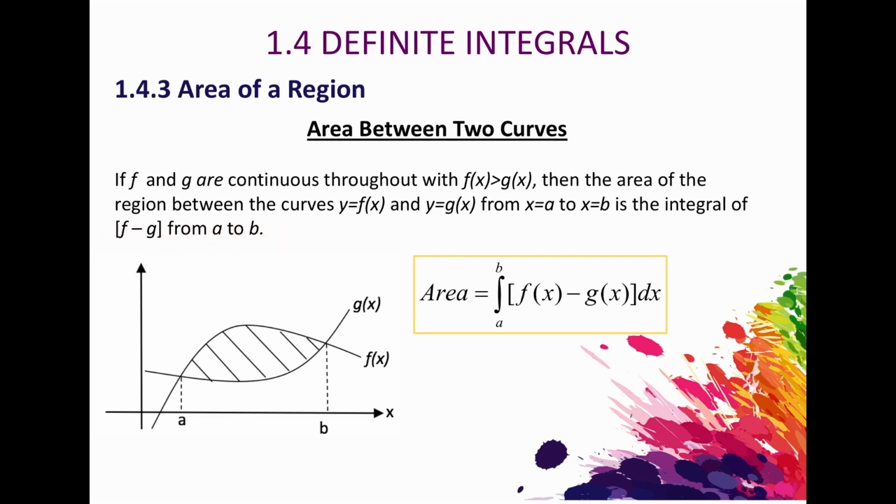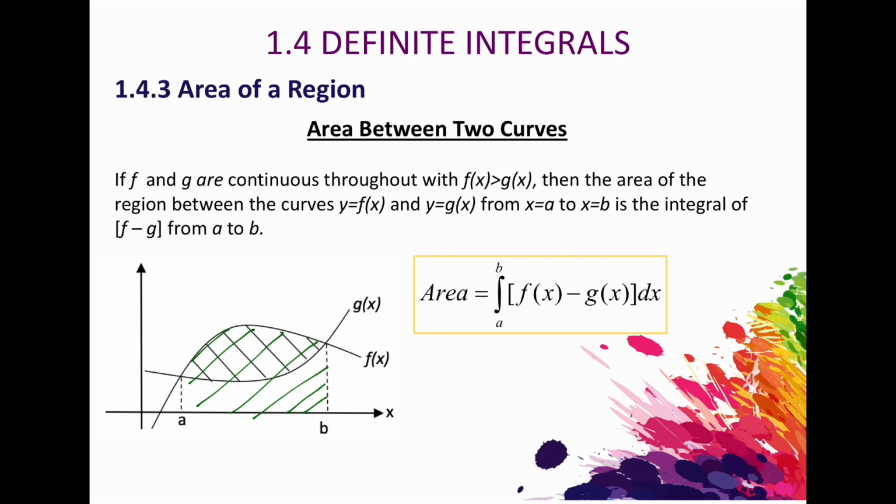As you can see from the diagram here, f(x) is above g(x). So in order to find the area enclosed between f(x) and g(x), we need to integrate both. But first, if we integrate f(x) fully, we get the green area here.